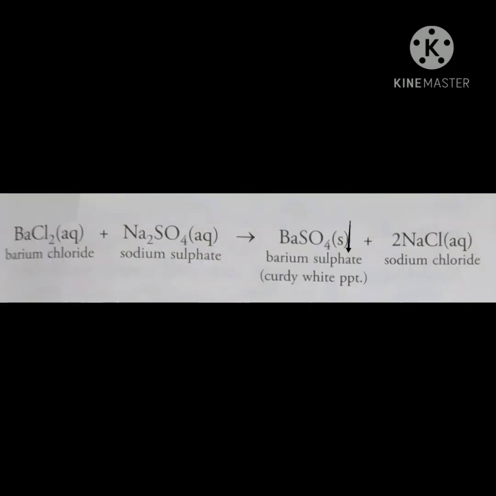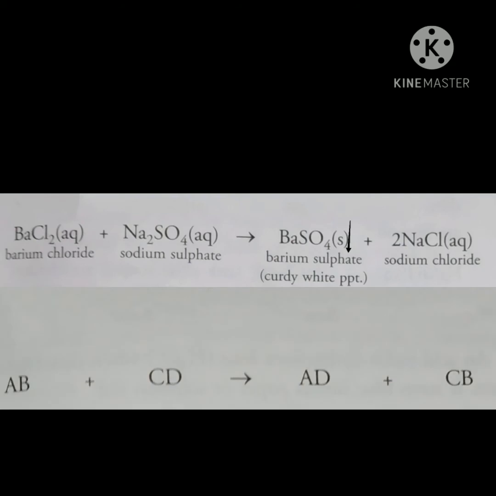Now see the next example, reaction between barium chloride and sodium sulfate. Here Ba is A, Cl is B, Na is C, and SO4 is D. We know B and D have to be replaced. So the product will be BaSO4 and NaCl.